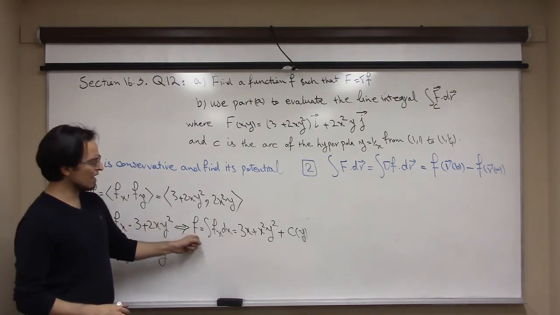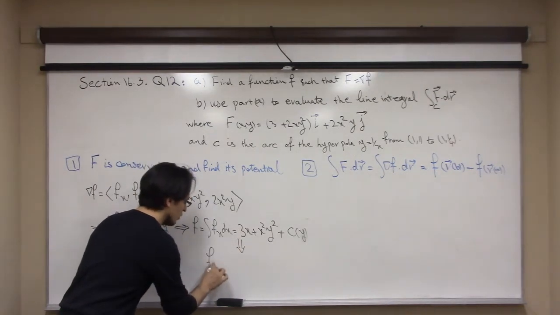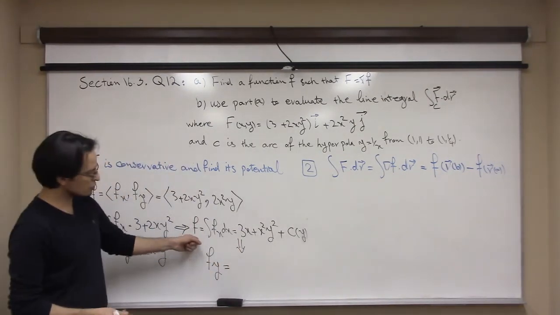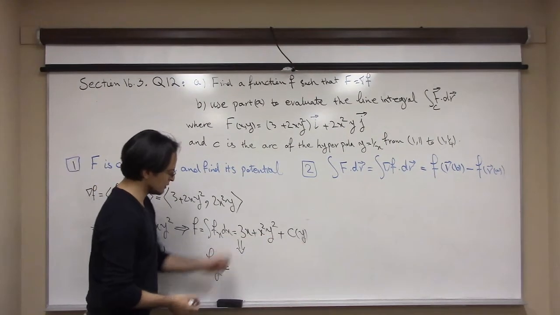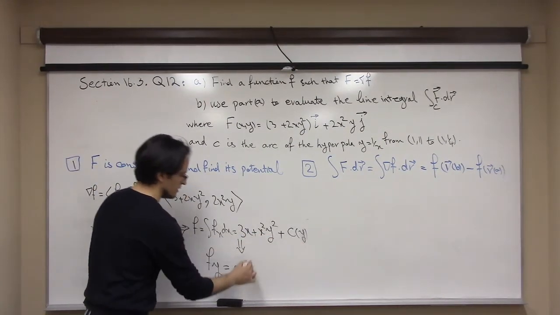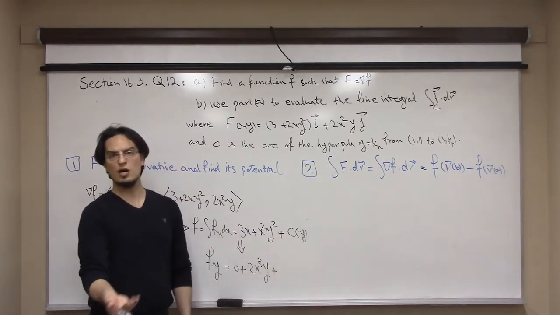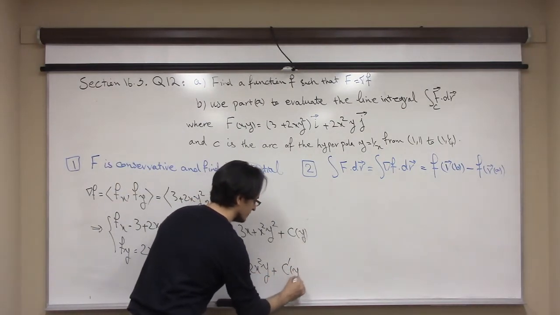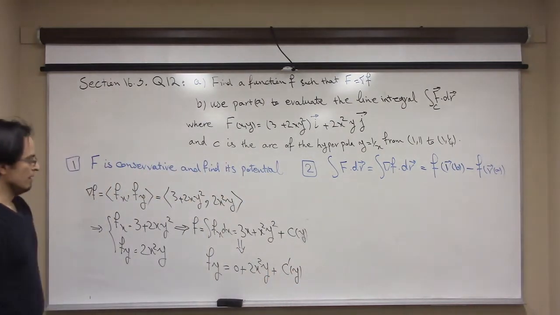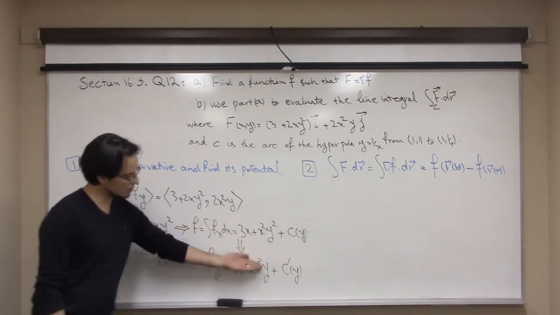But if I have f given by such a formula, what would fy be? fy means you find the partial derivative of this with respect to y. The partial derivative of 3x with respect to y is 0, plus the partial derivative of x²y², which is 2x²y, plus the derivative of the function of y, c prime of y.